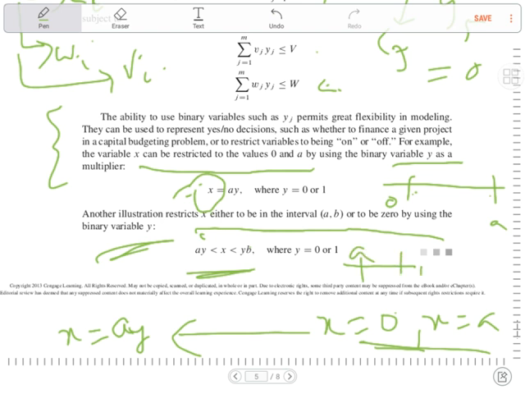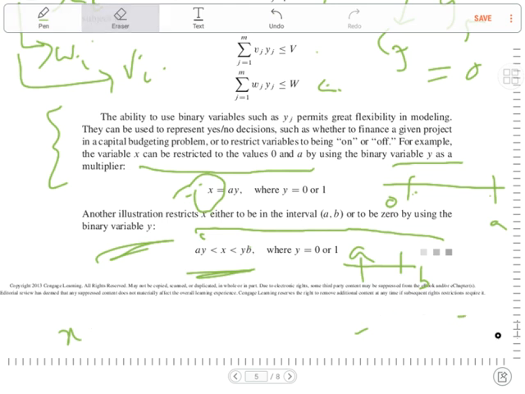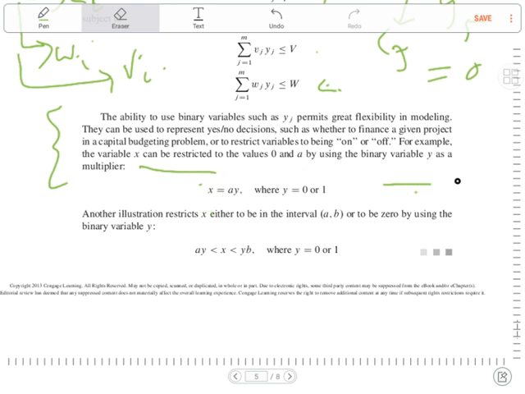So here also you are writing two possibilities together: either your variable is 0 or your variable is lying within a specific range. That means either x equals 0 or x belongs to ab.